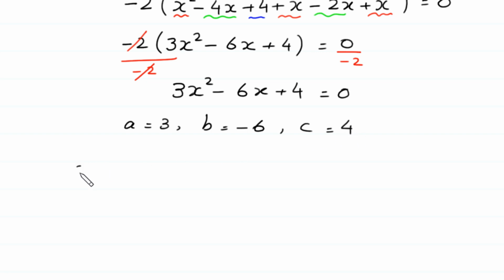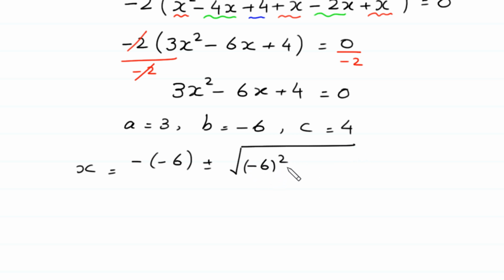According to the quadratic formula, x is equal to minus value of b, minus -6, plus or minus square root of value of b, -6 squared, minus 4 times value of a, 3, times value of c, 4, divided by 2 times value of a, 3.